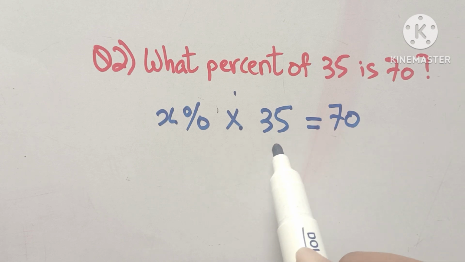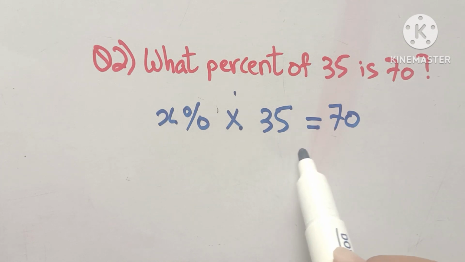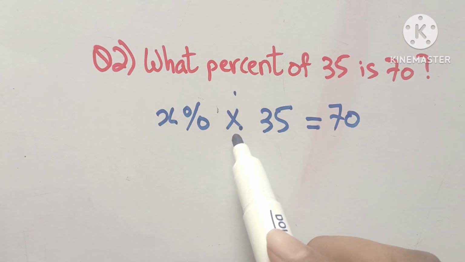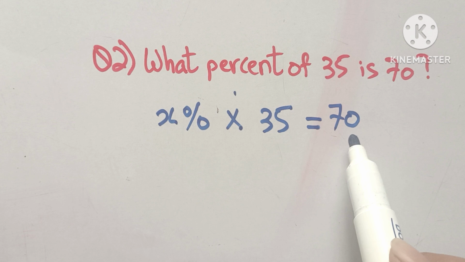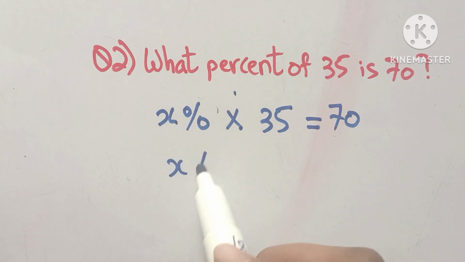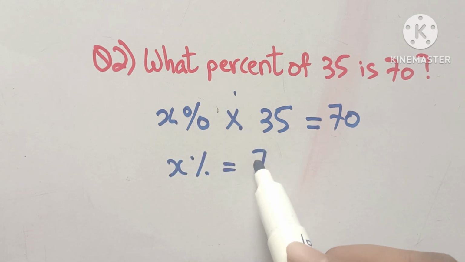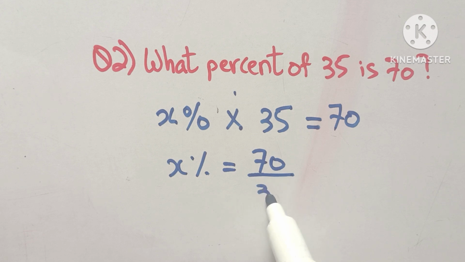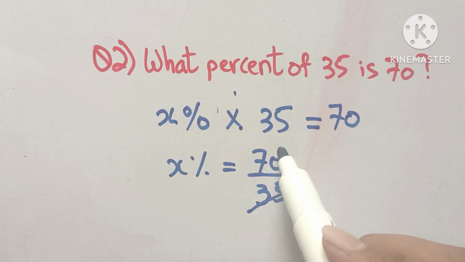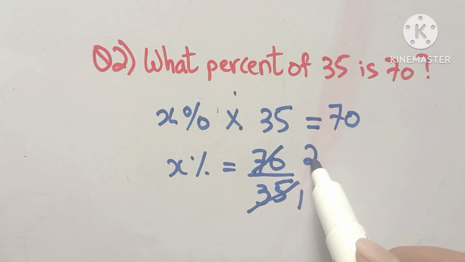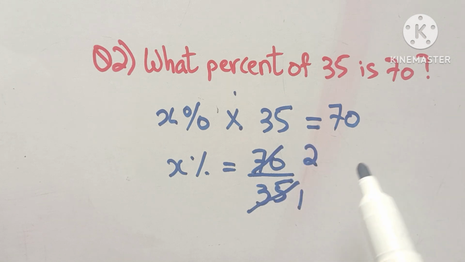So first we have to take this 35 on the right hand side. Over here the sign is multiply, so on the right hand side it will be divided. 70 by 35: 35 ones are 35, 2s are 70.